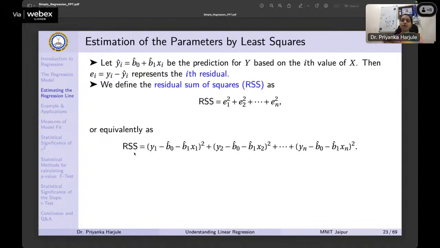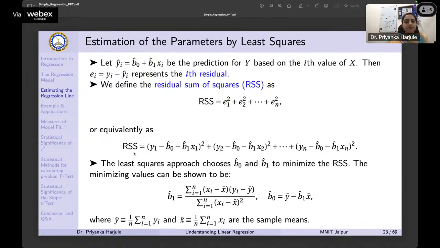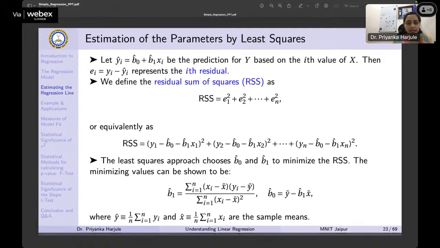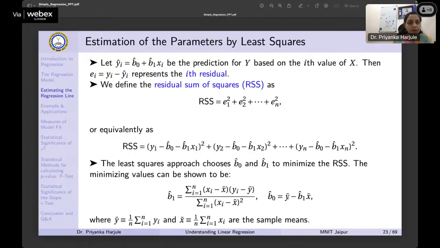And how do we do that? We use the least squares estimation for now. So the least squares method finds these two parameters, that is your b0 and your b1, for which the RSS value is minimum. These formulas, as you can see here, are basically derived from calculus.